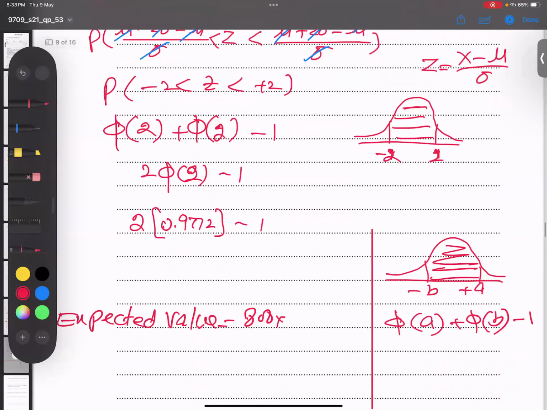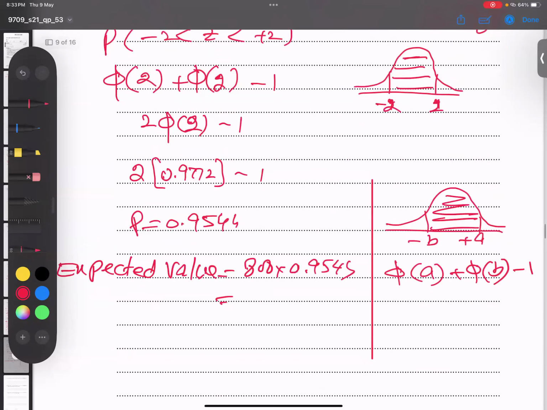And 0.9772 into 2 and minus 1, my probability is coming 0.9544. Okay, students, so the answer finally is 763.52, and if you round it, it gives you 764.